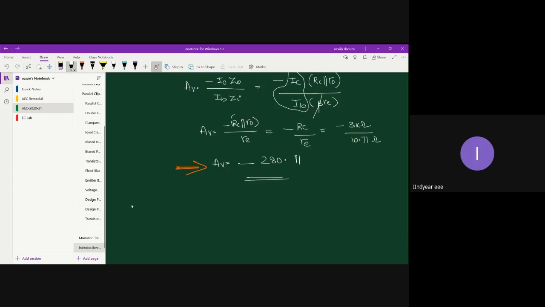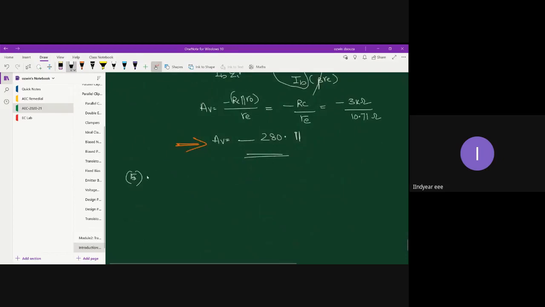Now let us find out the fifth part. What should we do? We should find Z0 as well as AV with R0 equal to 50 kilo ohm. So let's find Z0 with R0 equal to 50 kilo ohm.